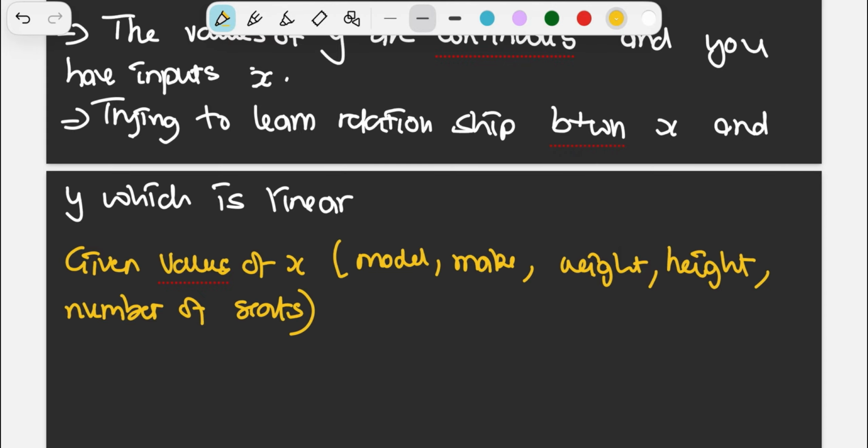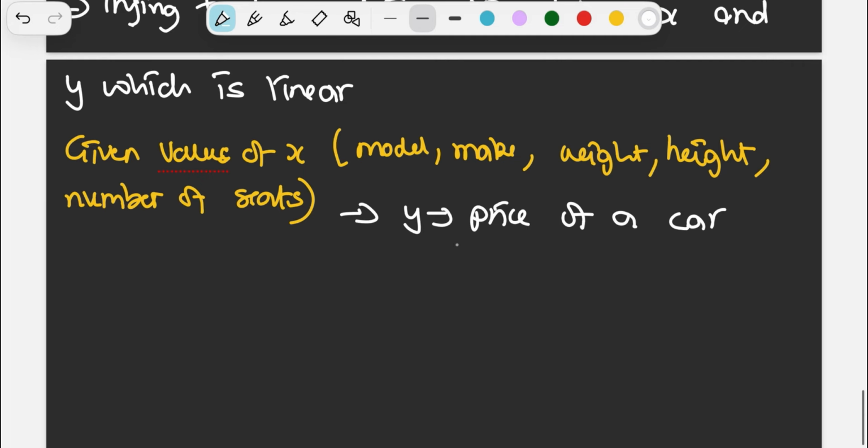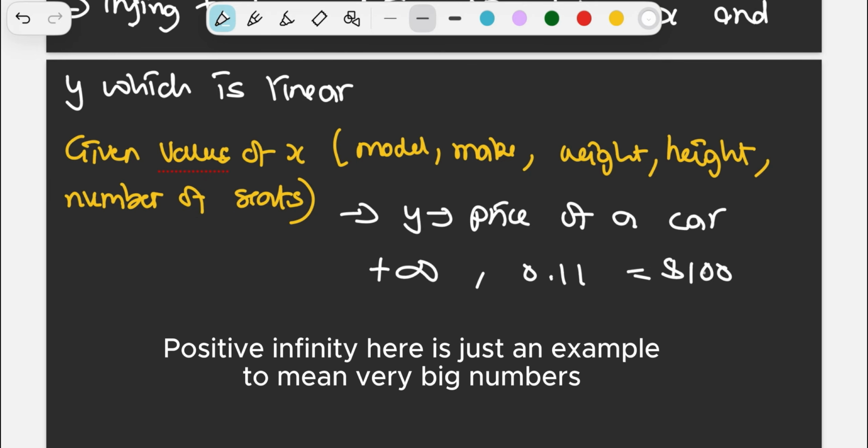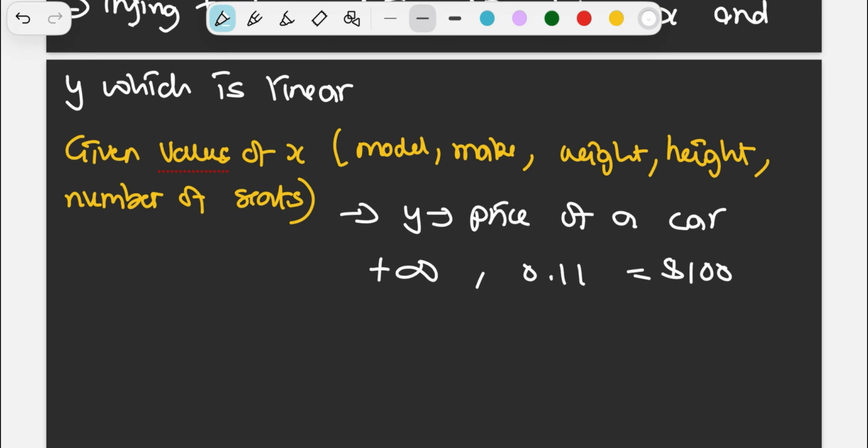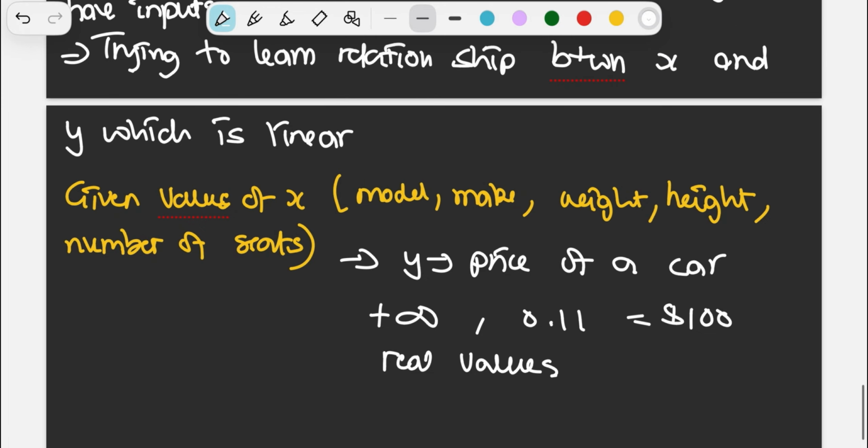Given those values of X, Y is the price of a car. You can agree with me that Y, the price of a car, can be positive infinity, can be $1 billion, can be $100, can be 0.111. It can occupy any real value that is continuous. So if I were asked to predict the price given these certain inputs, I can say that problem requires linear regression.